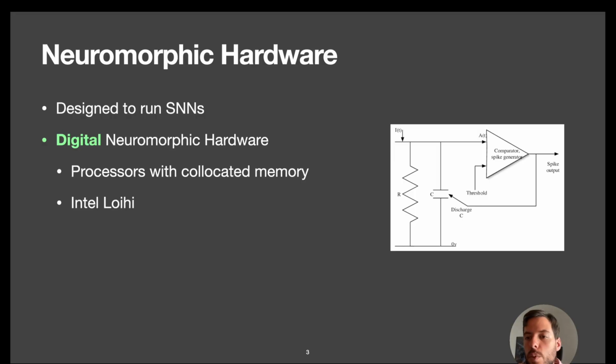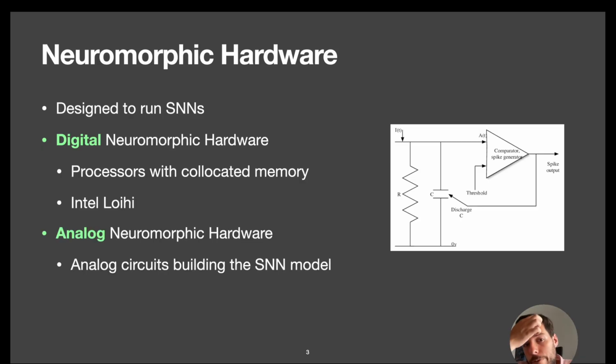And basically there are two ways of doing that. One is digital neuromorphic hardware, which is like a step behind parallel processing. It's a lot of parallel processors with collocated memory next to the processor. So each processor acts as a neuron or set of neurons with their own memory where they store their threshold. An example is Intel Loihi.